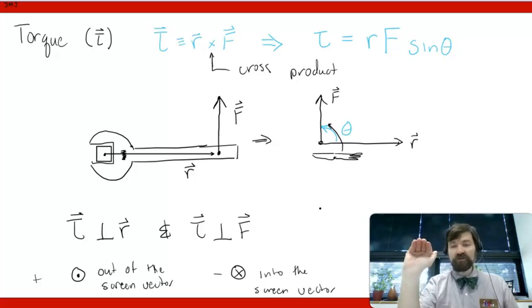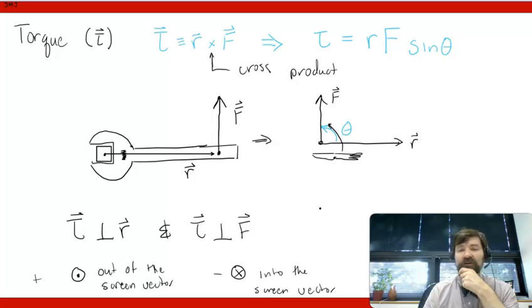And I'm making sure that in doing that, I've moved my fingers from pointing to R to pointing to F. So here's closed fingers. And in order for my hand to be doing that, my thumb has to be pointing out of the screen at you. So that's basically the best I can do for a right-hand rule demonstration with the setup that I have.